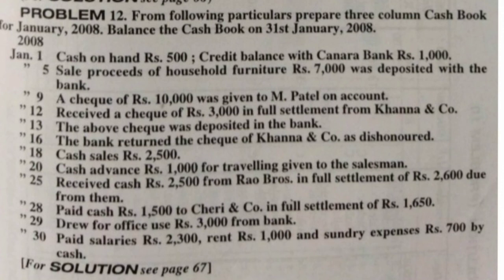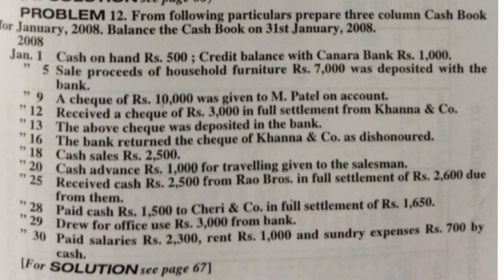Since the owner is selling his own household furniture and bringing some amount into the office bank account, it will be called capital. The entry would be bank account debit to capital account rupees 7000. Debit the bank column with rupees 7000.